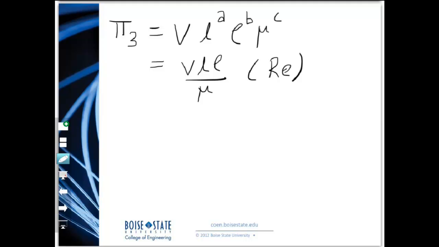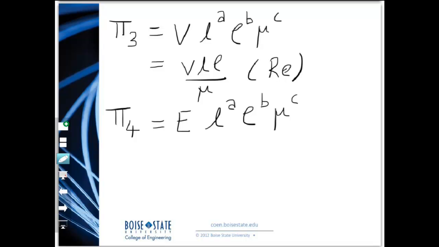Okay, and then finally you find the last pi term. In this case, E will be your non-repeating variable and your other three repeating variables. Okay, so if you go ahead and do the solution again for this, I would strongly encourage you to try it instead of accepting whatever I write as the final answer.